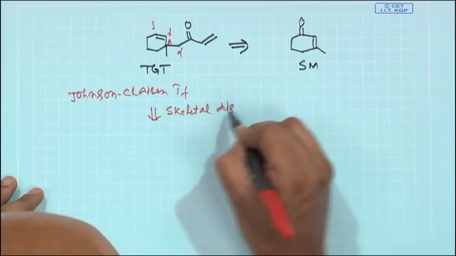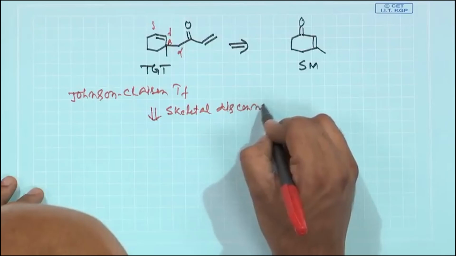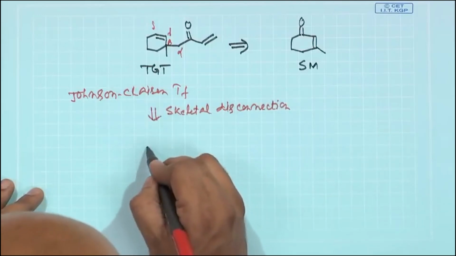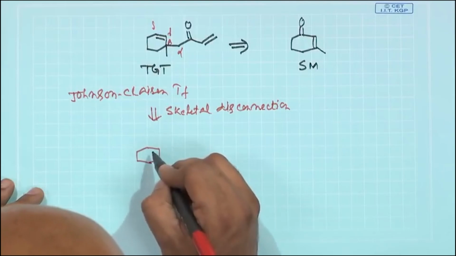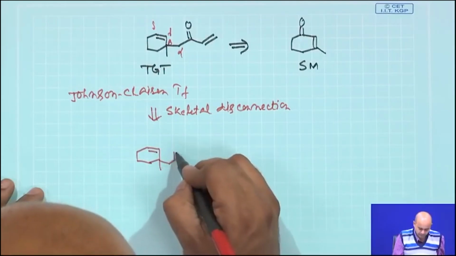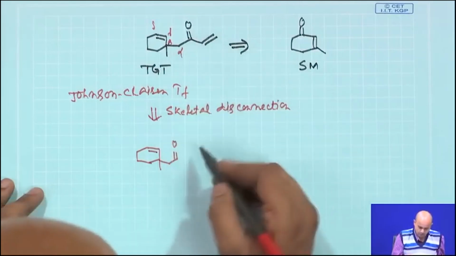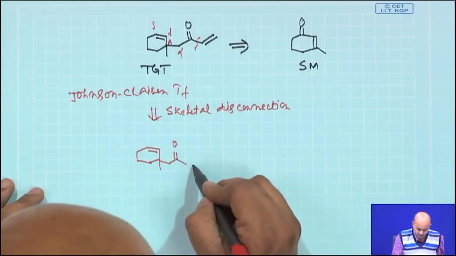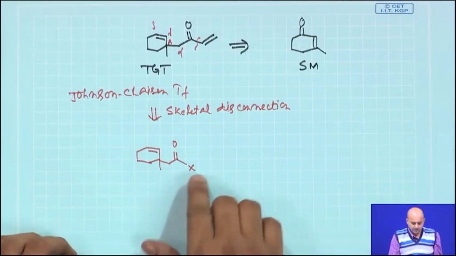So, now we do the skeletal disconnection based on the transformation which we already know. Now, see the transformation, we say that first we will try to introduce this vinyl group, because this vinyl group can be easily constructed.